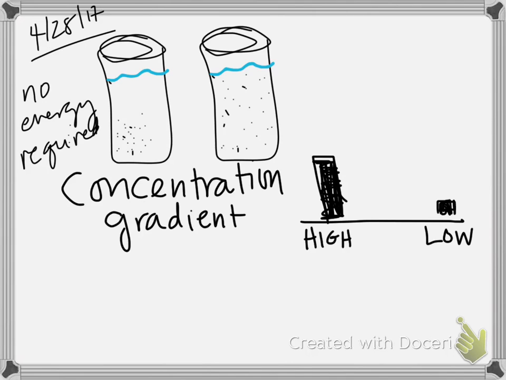As long as you are moving from an area of high concentration to low concentration, you don't need any energy. It doesn't take any energy to move things from an area where they are at high concentration to where they are at low concentration. If your cell doesn't have to exert any energy, doesn't have to work at it, we call that passive transport.